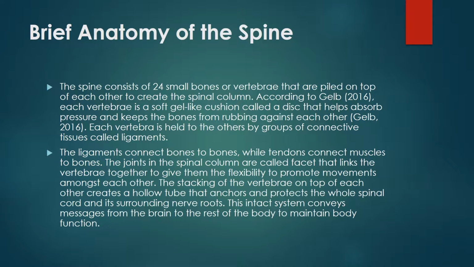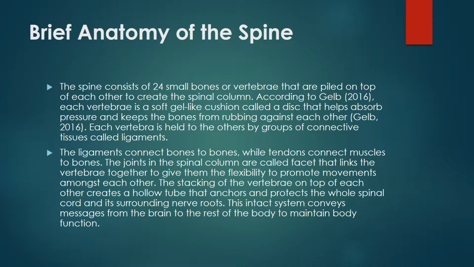The spine consists of 24 small bones or vertebrae that are piled on top of each other to create the spinal column. According to Gelb, between each vertebra is a soft, gel-like cushion called a disc that helps absorb pressure and keeps the bones from rubbing against each other.